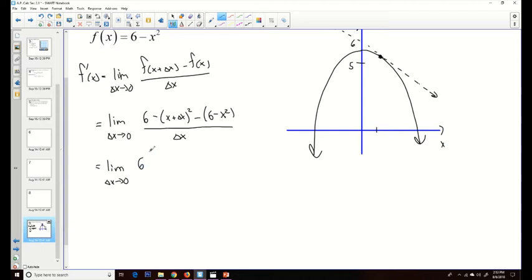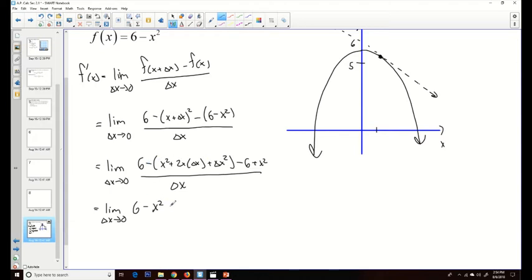And so I've got 6, and then I FOIL that out, so it becomes minus x squared plus 2x delta x plus delta x squared, and then I distribute the negative, so I have negative 6 plus x squared all over delta x. And let's rewrite one more time. So the limit as delta x goes to 0 of 6 minus, and I'm going to distribute that negative to each term in here.